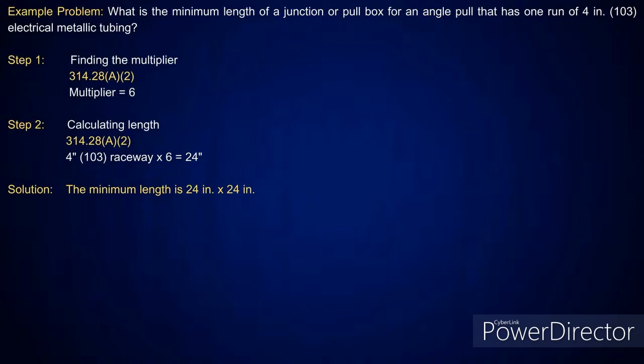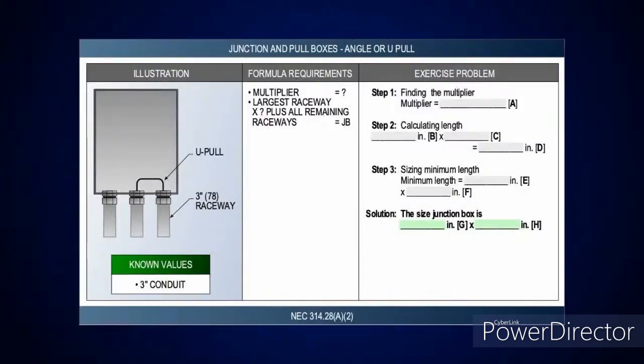So I'll take the 4-inch raceway by the multiplier 6, and that's going to tell you the minimum size of that box. It's just not for the straight. This will be the whole box. It has to be 24 inches by 24 inches because you're making a pull connecting from one side to the bottom side. So you need to at least have enough area in there to make that pull for the angle. So it'll be a 24-inch by 24-inch box.